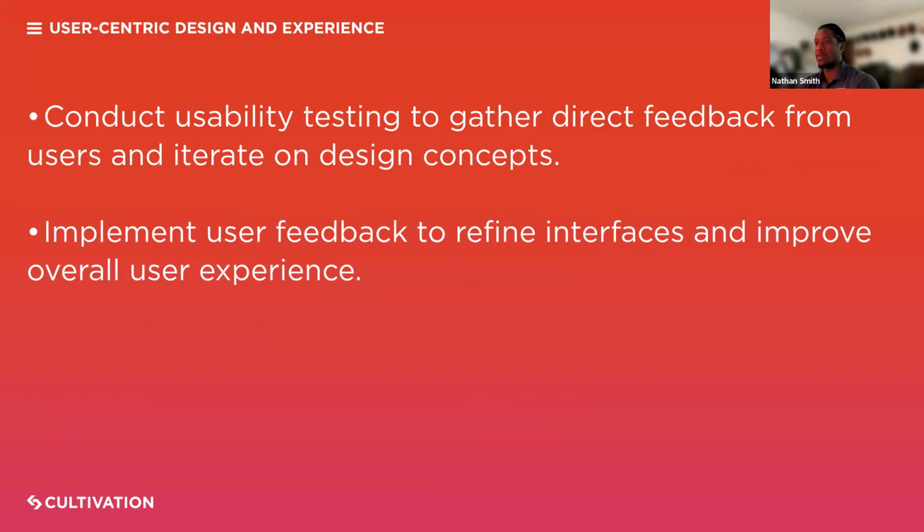Essentially, just implement a user feedback system and then use that feedback to refine and reiterate, and make sure that the software or whatever project you're currently working on within digital transformation works for the business.